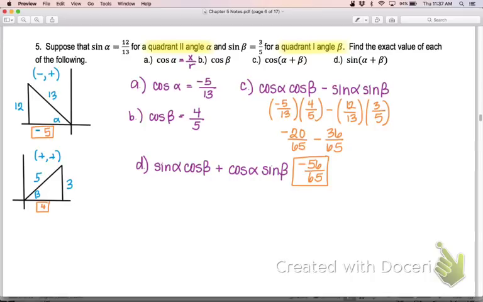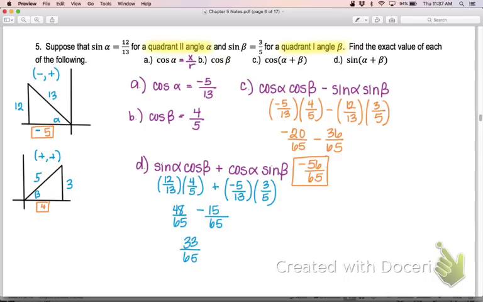So sine alpha was given, 12/13, times cosine beta, that was one that we figured out, 4/5, plus cosine alpha, which again we figured out, negative 5/13, times the sine of beta, which was given as 3/5. So we have 48/65 minus, because this is going to end up negative, 15/65, and so all together we come out with 33/65, and that is our answer.